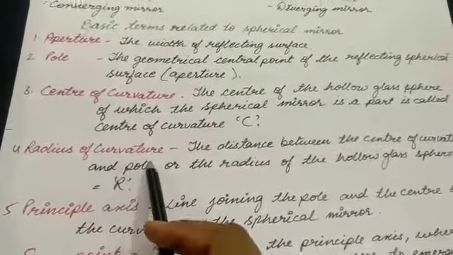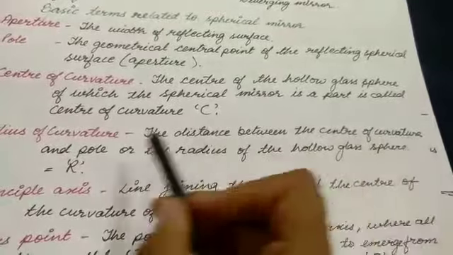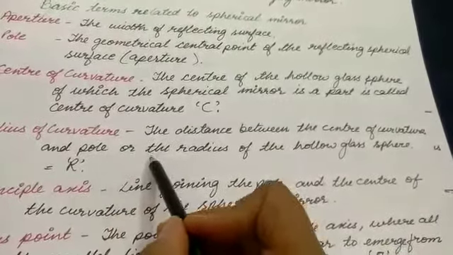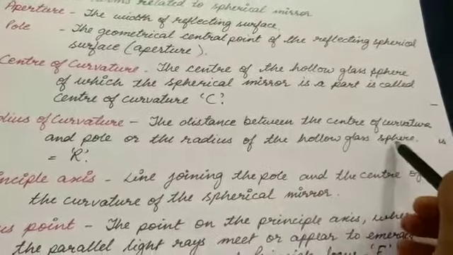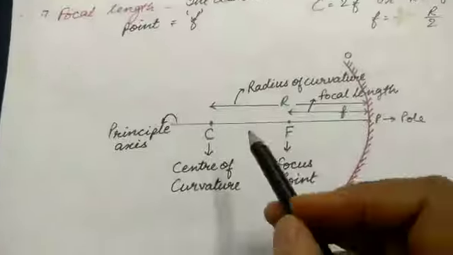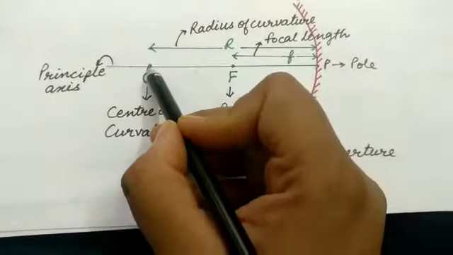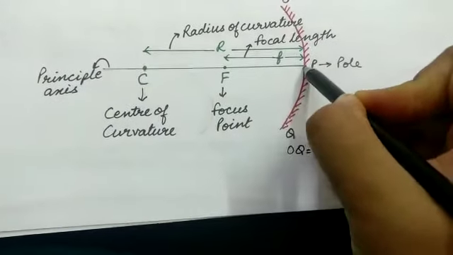Radius of curvature is the distance between the center of curvature and the pole, or it is also called the radius of the hollow glass sphere, and it is written as capital R. So what is this basically? It is the distance between the center of curvature and the pole of the mirror.